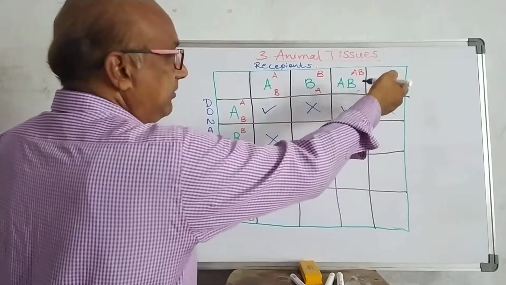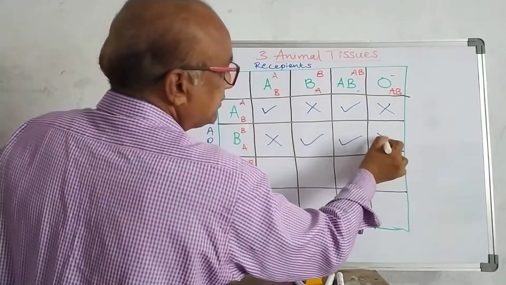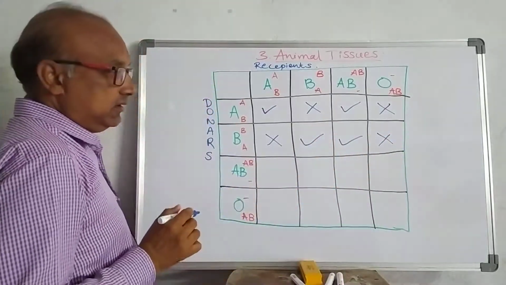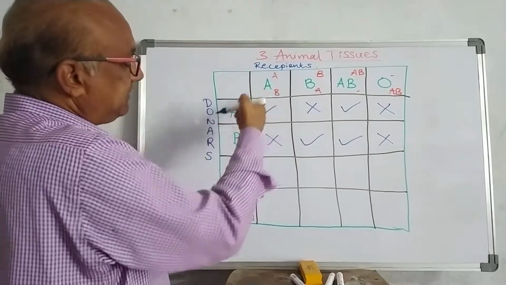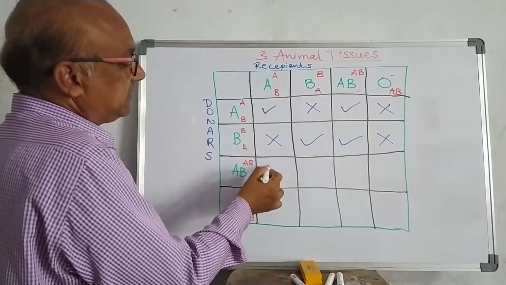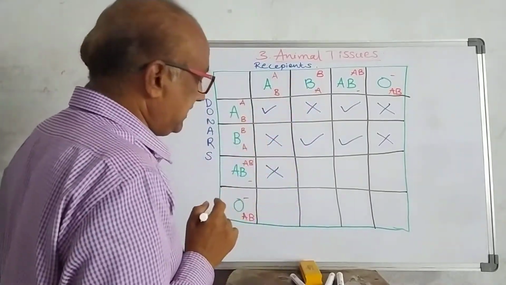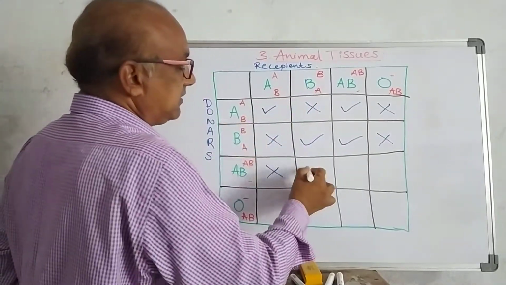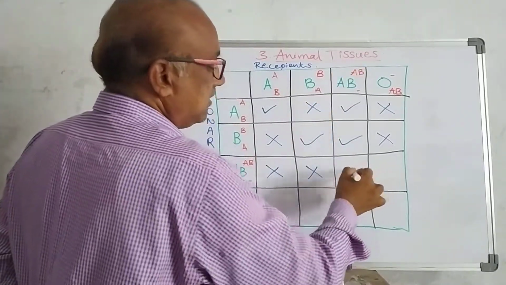Here antibodies A and B are present, so antibody B reacts with antigen B, so clumping forms. Not suitable. Here antibody B is present, antigen B is present, so not suitable. Here antibody A is present, antigen A is present, so not suitable. Here AB, no antibodies, suitable.